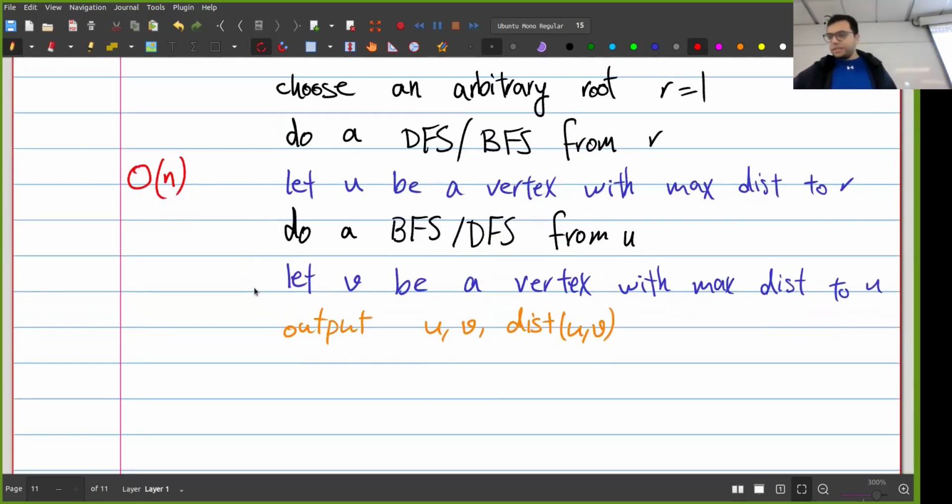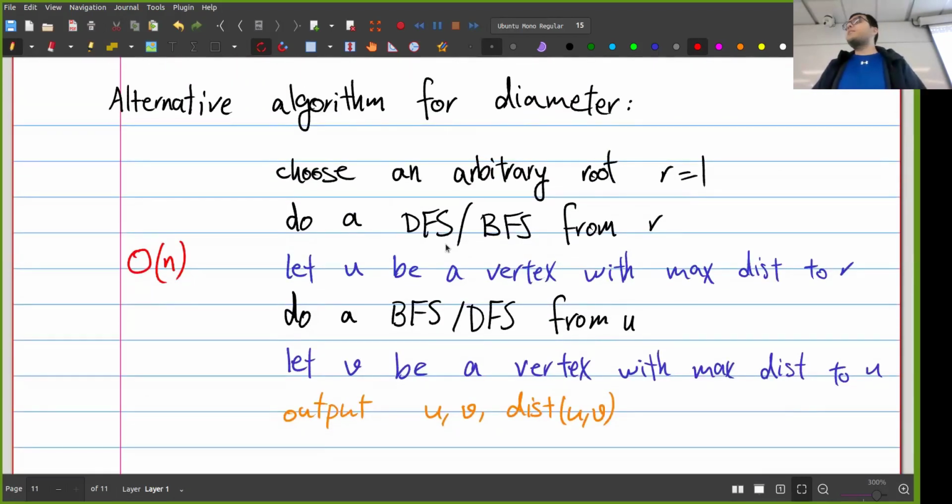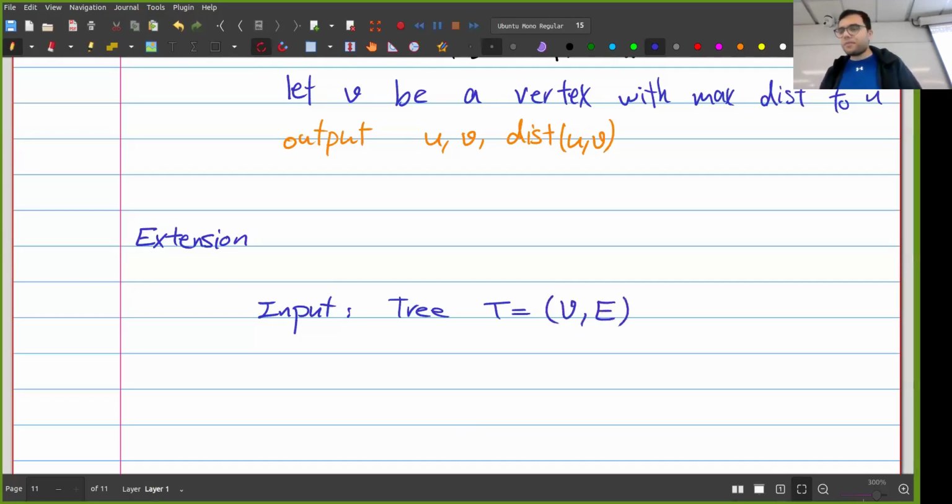Okay. Now, I want to extend this a little bit, and we will see that we can extend both of these approaches. And here's the extension. Let's say that in the input, I just give you some tree. So I give you some tree T with vertex set V and edge set E. Okay.